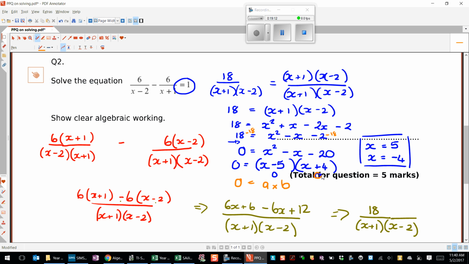That's why I wrote a 0 there. So for x minus 5 to equal 0, 0 times that would equal 0. I know x is 5 because 5 minus 5 makes 0, and here minus 4 plus 4 makes 0. Okay?